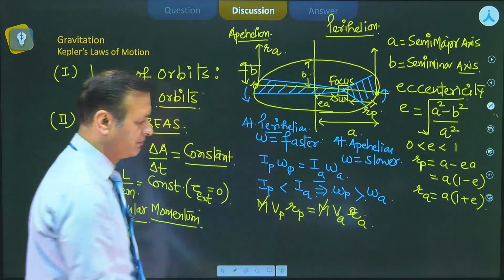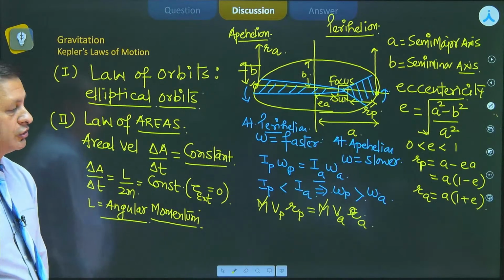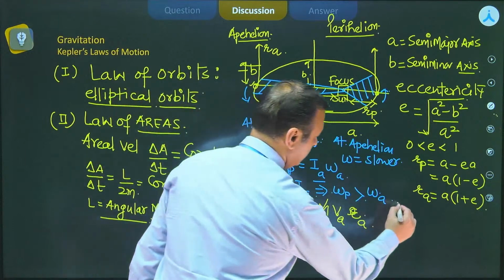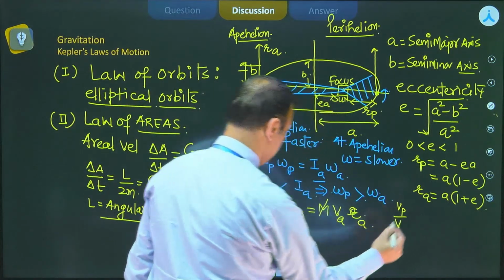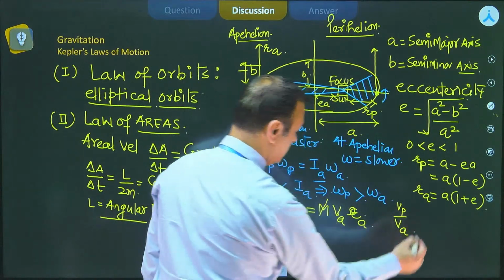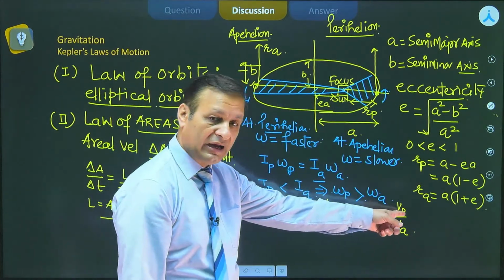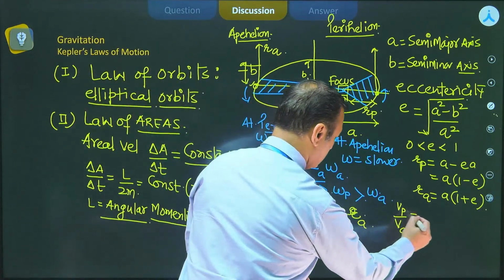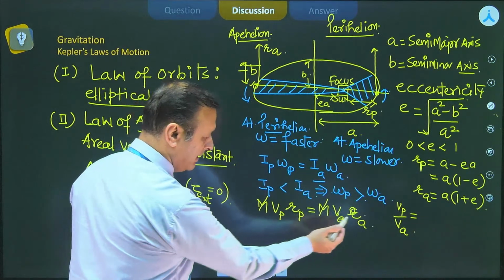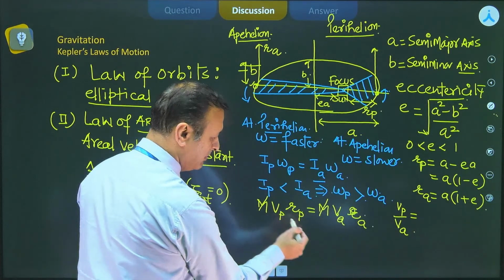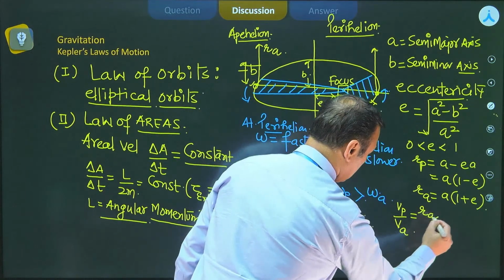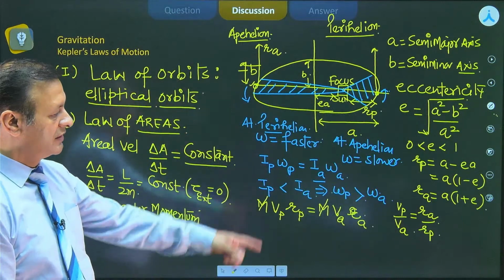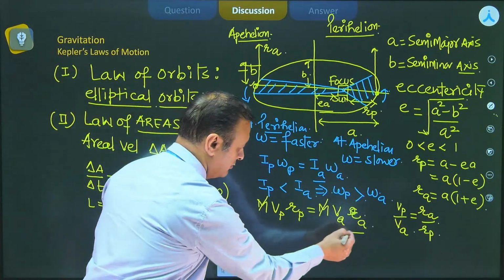This M goes. Can you see this? So if you have to compare these two, Vp by Va means velocity of the body at perihelion to velocity of the body at aphelion. Can you write this ratio Vp by Va as Ra by Rp? Can you see this ratio using this concept?